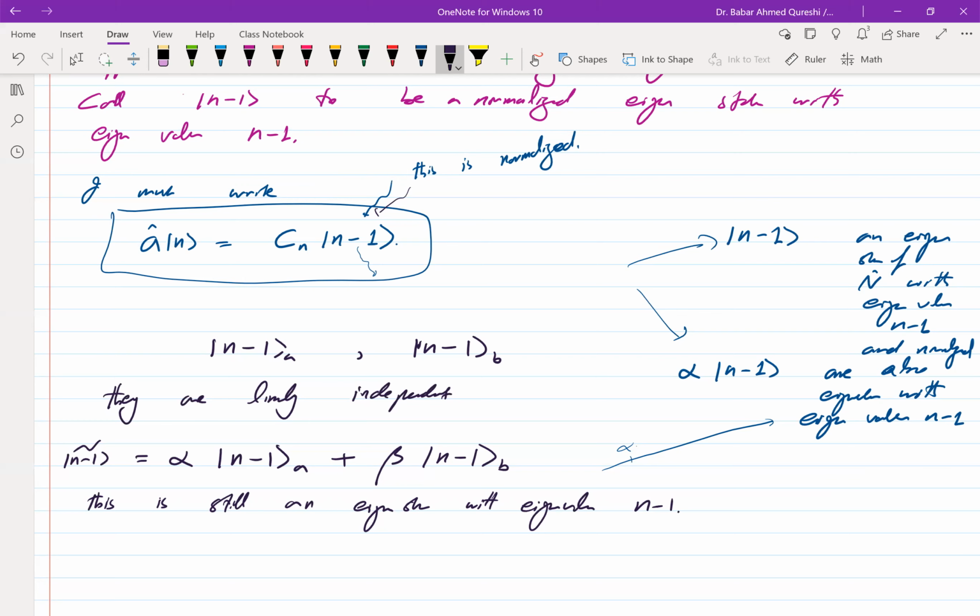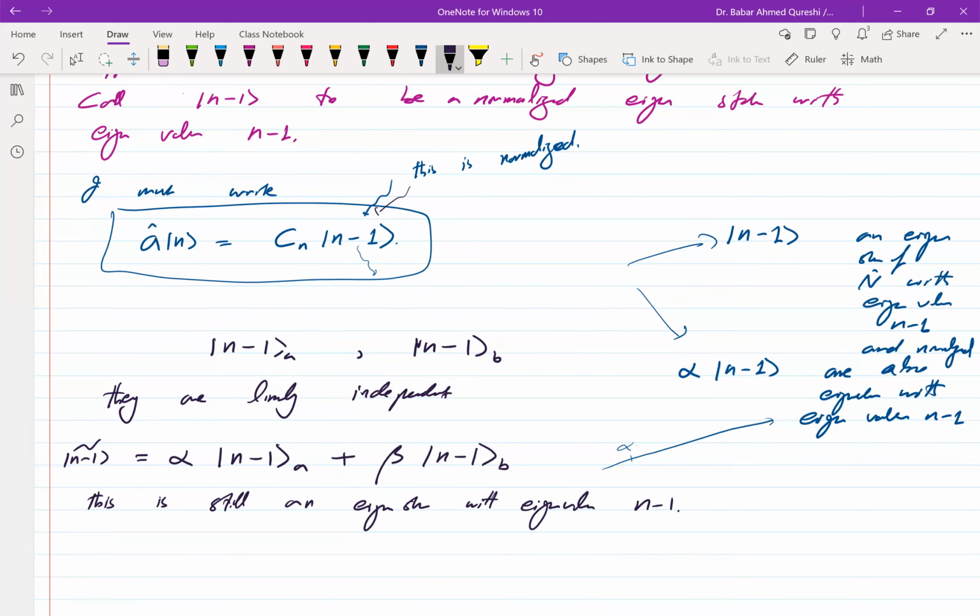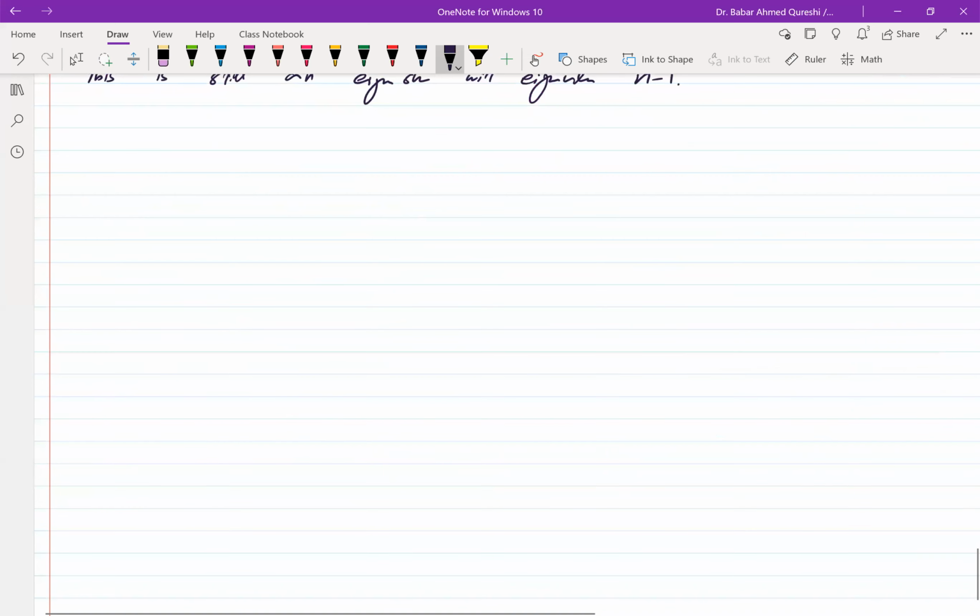You do not have two linearly independent states both having the same eigenvalue n minus 1. There's only one state with eigenvalue n minus 1, up to a constant, because whenever you have an eigenstate, it's at least forming a one-dimensional subspace. I'm saying it's not a two or higher dimensional subspace. So how do I know it? Well, actually, you can prove this little theorem.